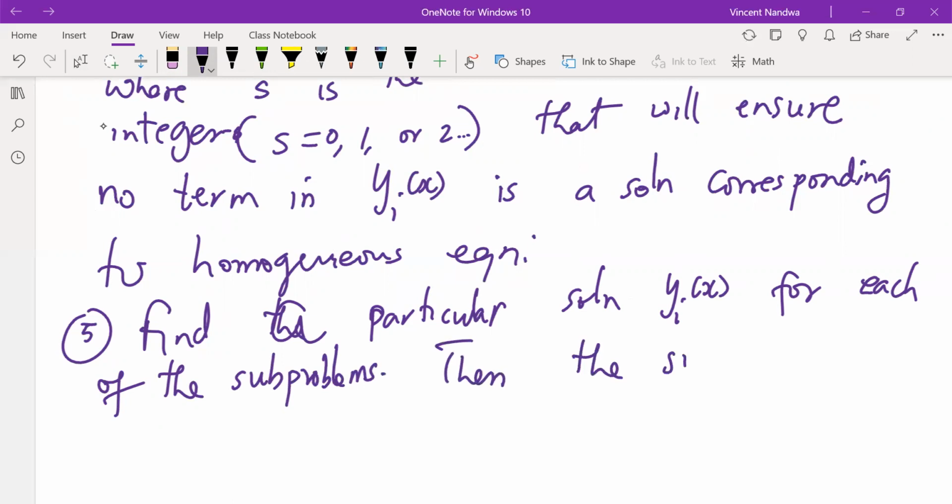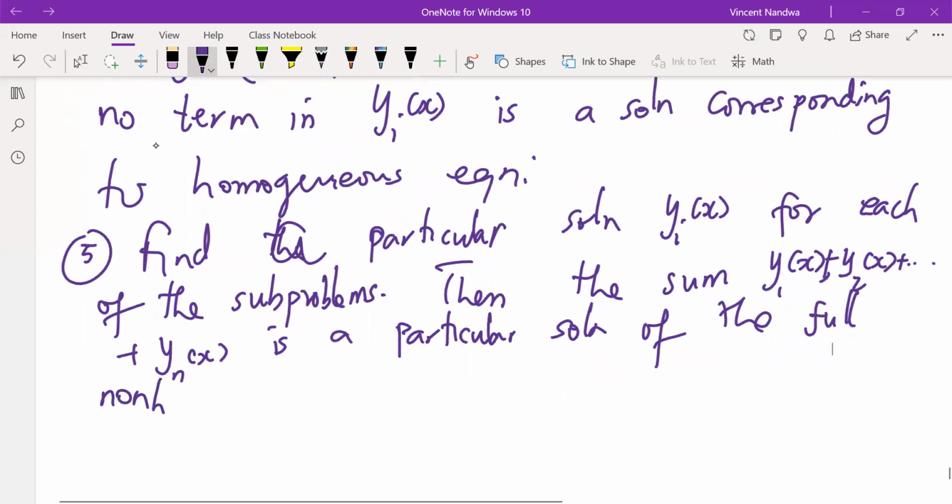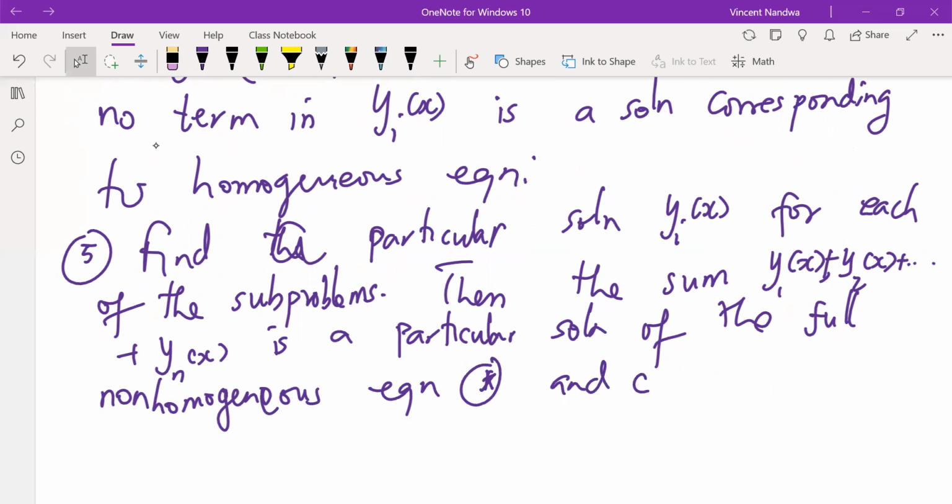Then the sum y1 of x plus y2 of x up to plus yn of x is a particular solution of the full non-homogeneous equation star, and call it yp of x.